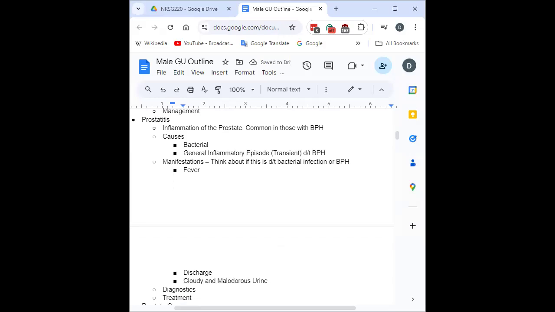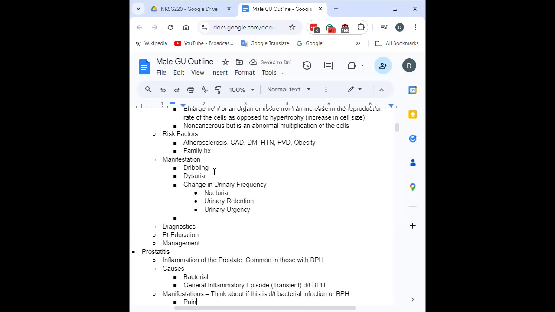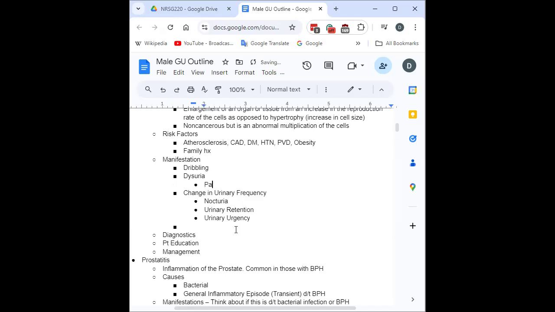Is the pain for both severe or moderate? I think pain is more associated with infection than anything, but it can be included in both. It depends on the degree of the inflammation in prostatitis, and how much is being constricted in BPH, and what symptoms I would have.